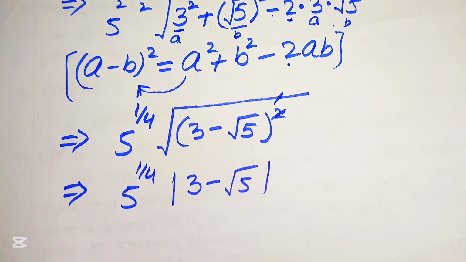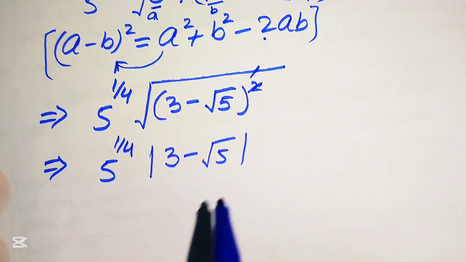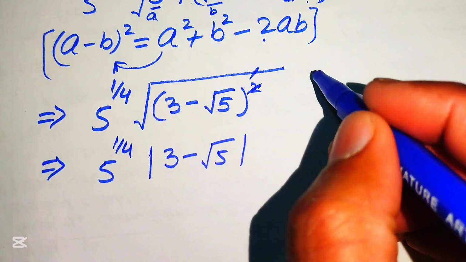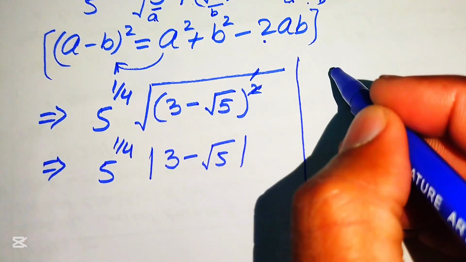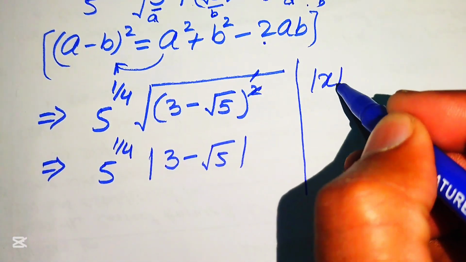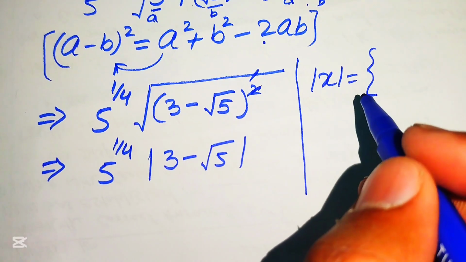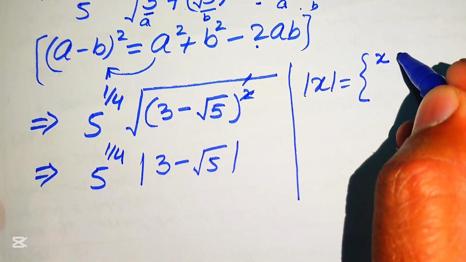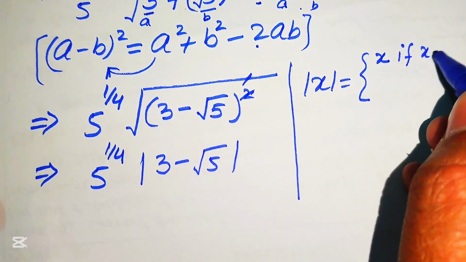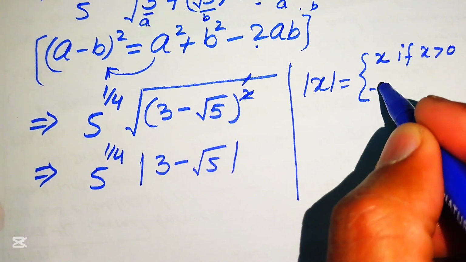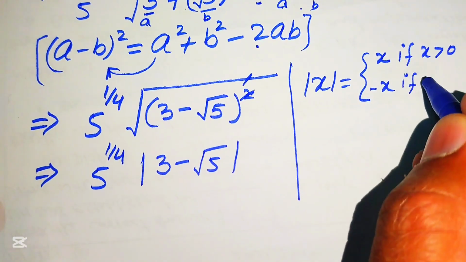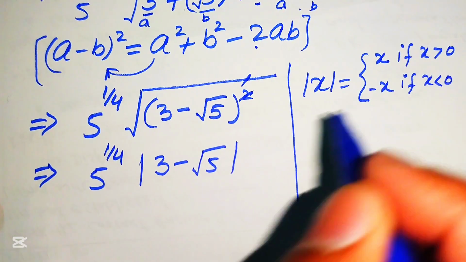So here we need to use the definition of absolute value. You know that the definition of absolute value is stated as: if you have x mod, we write it as positive x if x is greater than 0, and negative x if x is less than 0.